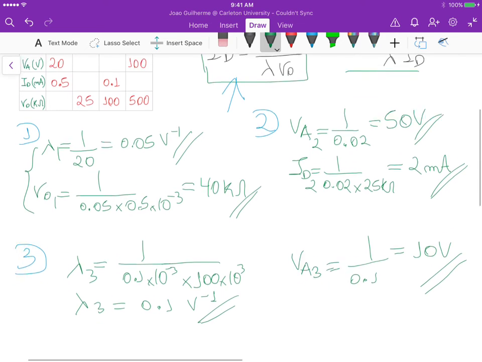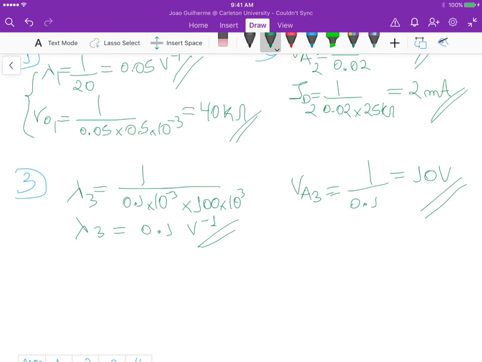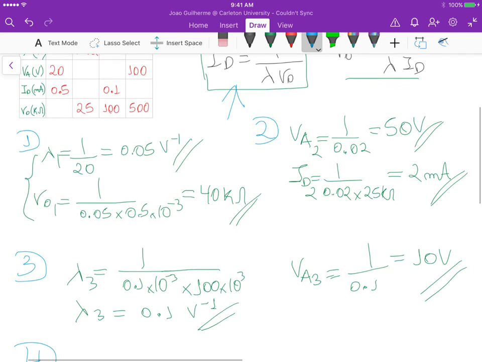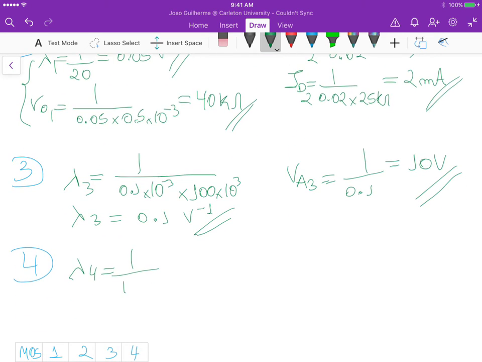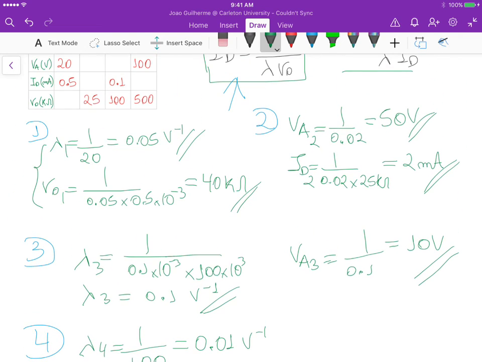And for the fourth MOS, let me go down here. We know the early voltage, so we can calculate lambda 4. That's 1 over 100, and this gives us a channel modulation parameter of 0.01 reciprocal volts. We just need to define the drain current.